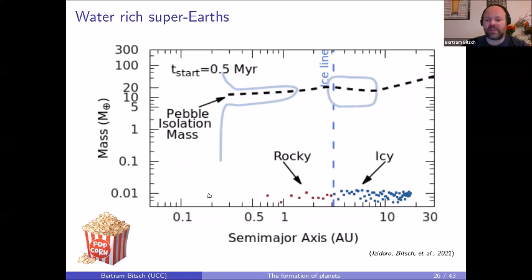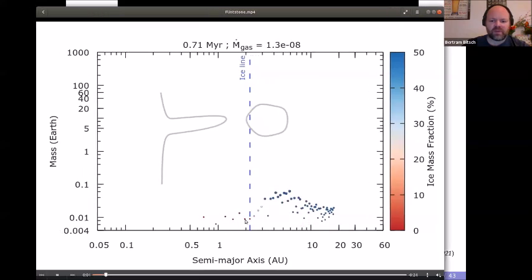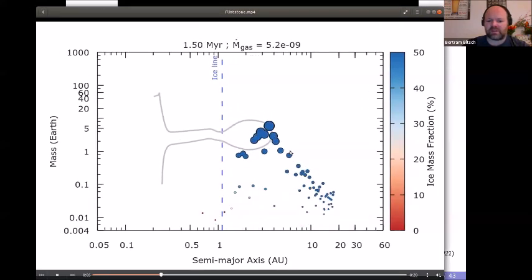What you will see here is a time evolution over a few million years, where we start with small, moon-mass planets that will continue to grow and move through the protoplanetary disk. So let's start the movie. I hope you can see the movie. You see the planets start to grow by accreting these millimeter-sized pebbles.